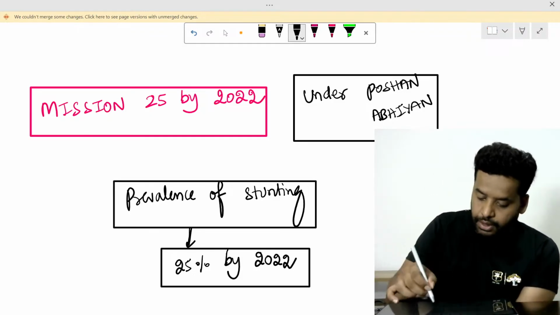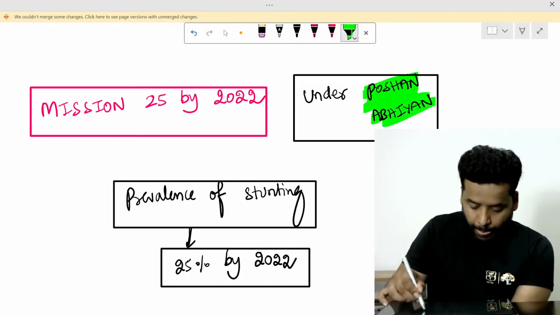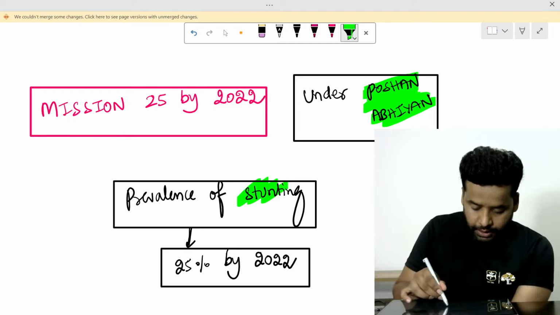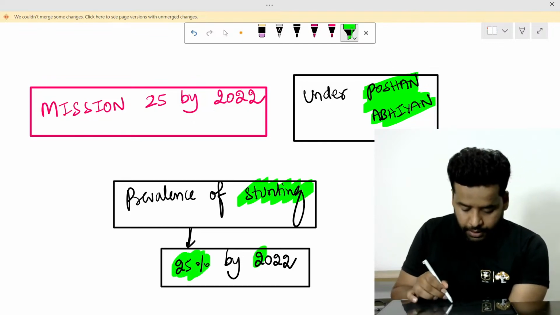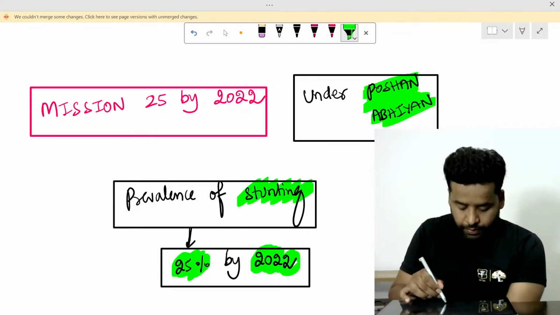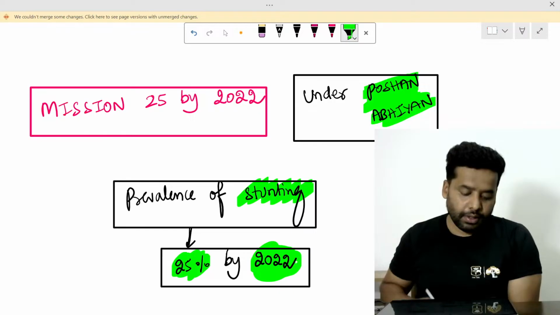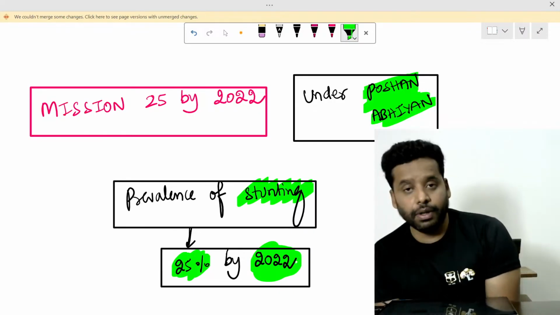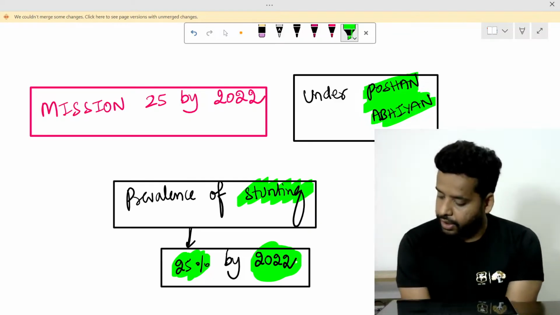This is Mission 25 by 22 under Poshan Abhiyan related to stunting. The prevalence should become 25% by the year 2022. This was the target which is important for us, the target kept in Poshan Abhiyan related to stunting. This is called Mission 25 by 22.